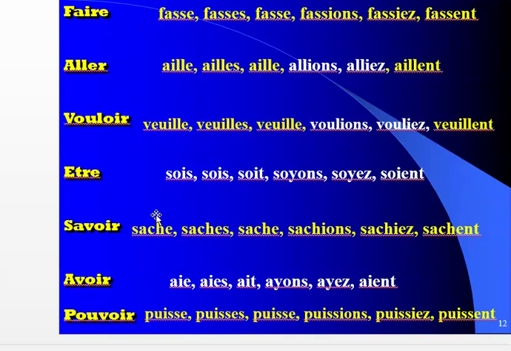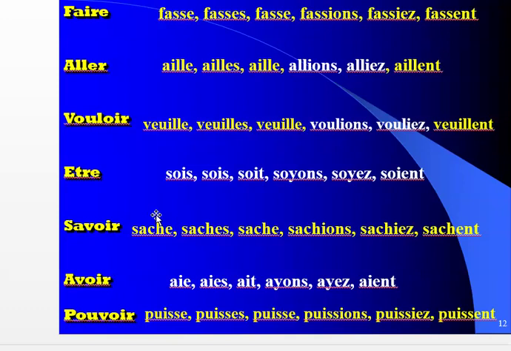So for faire, we have fasse, fasses, fasse, fassions, fassiez, fassent. Remember the ent is always silent, just like on all of our verbs. Aller is aille, ailles, aille, allions, alliez, aillent. You can think about aïe, aïe, aïe. Vouloir is veuille, veuilles, veuille, voulions, vouliez, veuillent.